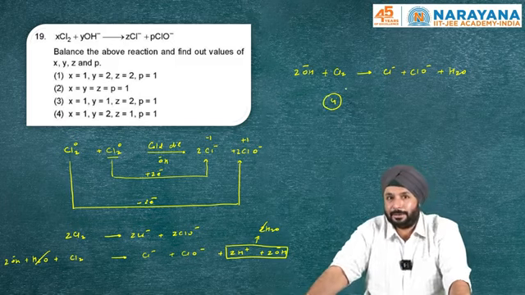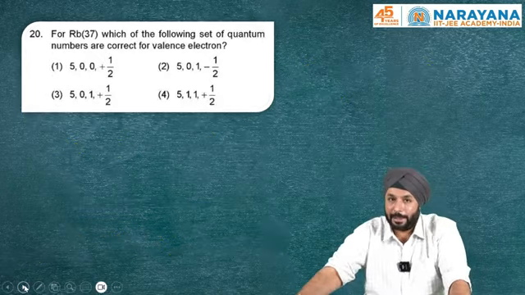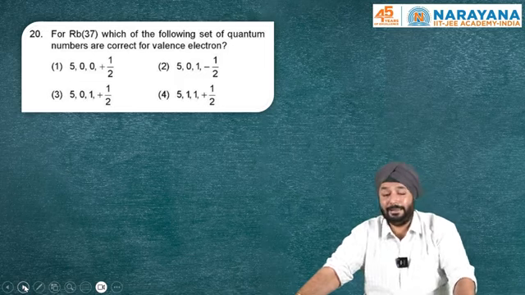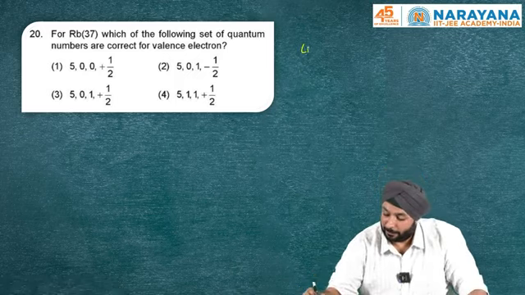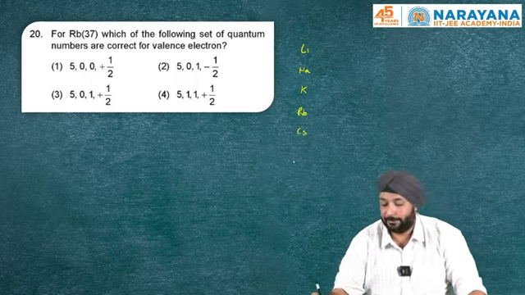Hope you understood this particular balancing, right? So we'll move ahead. For rubidium, is the following set of quantum numbers correct for a valence electron? Lithium, sodium, potassium, rubidium, cesium.